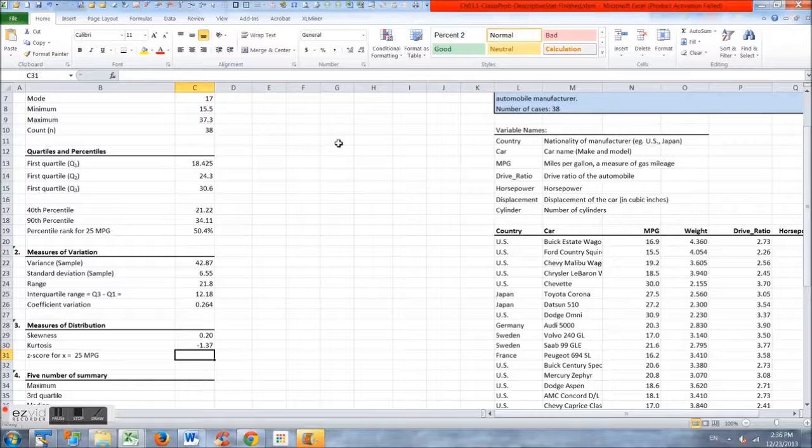to the normal distribution. Z-score is a standardized deviation: how many standard deviations away from the mean a particular data point is. You can compute the Z-score for each and every data point. Suppose we want the Z-score for a data value equal to 25 MPG, then we go 25 minus the mean.